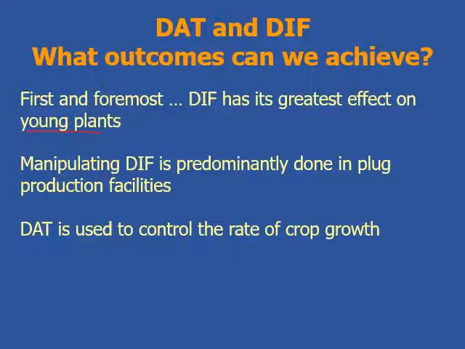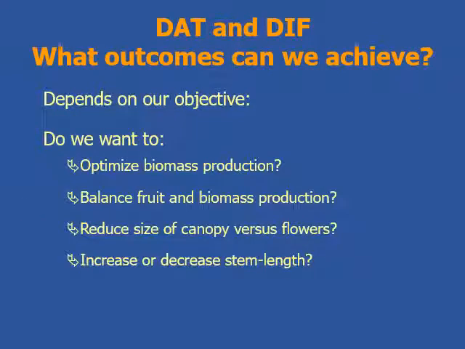So oftentimes DIF is done at plug production facilities where we're growing young plants for transplanting. And then daily average temperature is our throttle for achieving a certain ship date. So we can control the speed of the crop's growth, kind of relating to last week. And it depends on what our objective is, right?